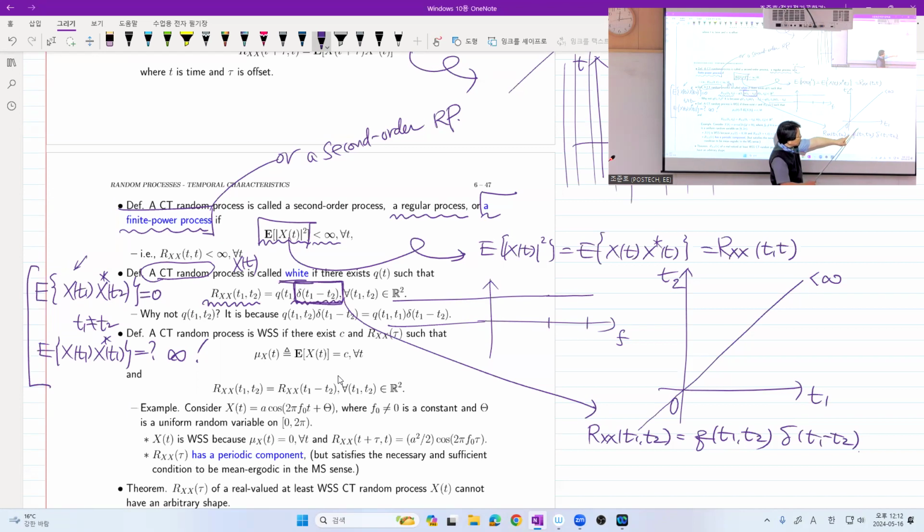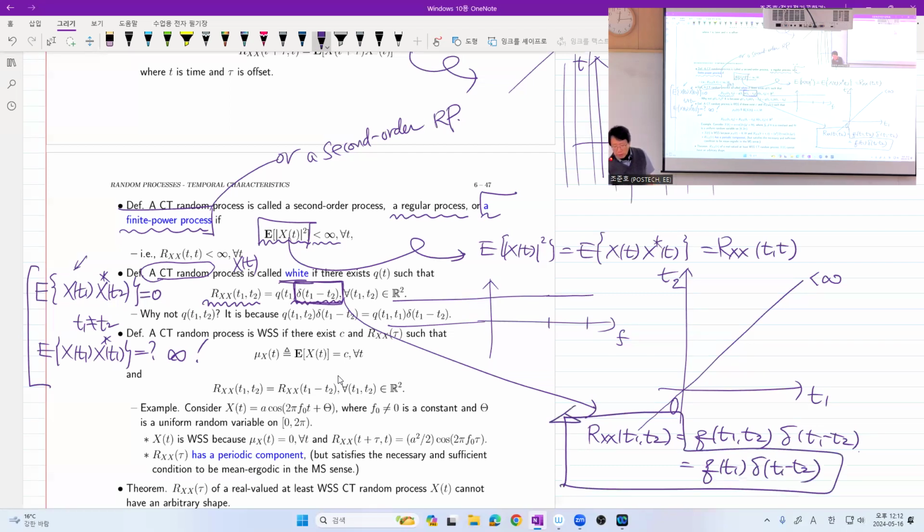So you can replace this factor with a function Q of T1 and T1, or Q of T2 and T2 anyway. So this is actually a single-parameter function. By abusing the notation, this becomes the definition of whiteness of a random process in the time domain. Okay, got it? So you have the definition.